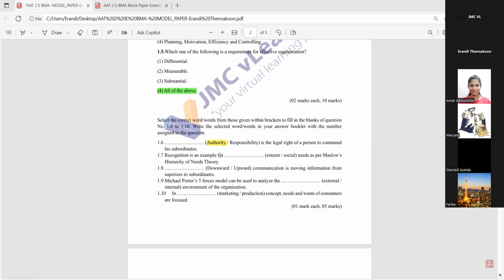Affection, love, social connections, where we feel accepted by others, like we are part of a group or part of society. These are social needs. Then esteem needs: self-respect, confidence, recognition, and the status we maintain, our achievements.